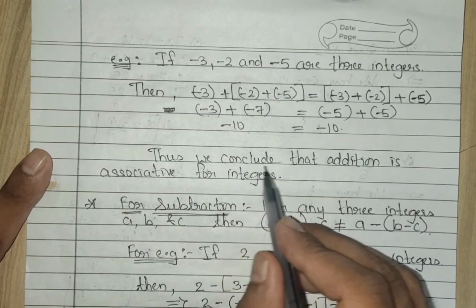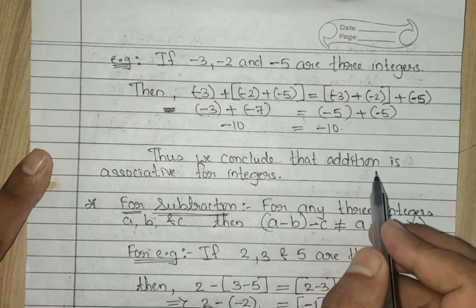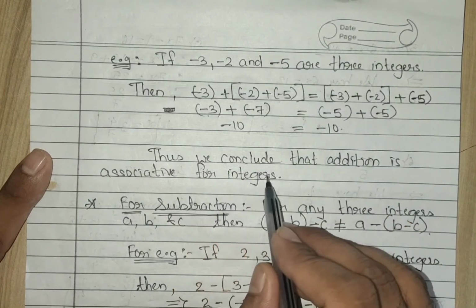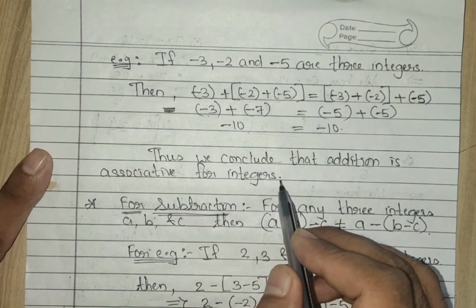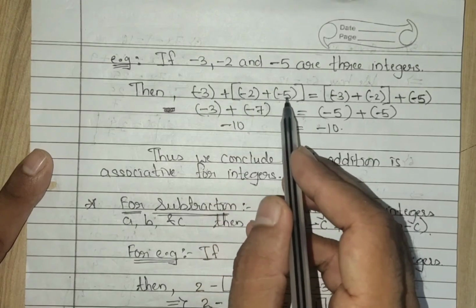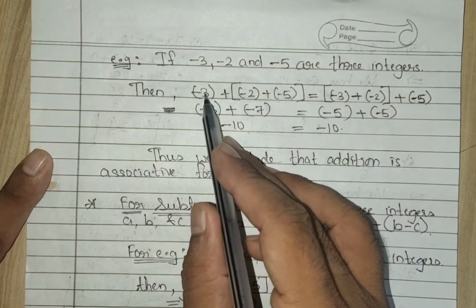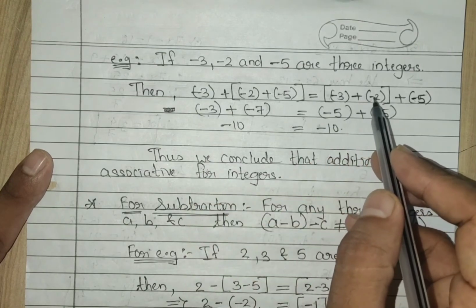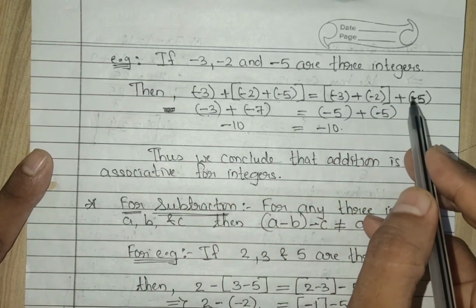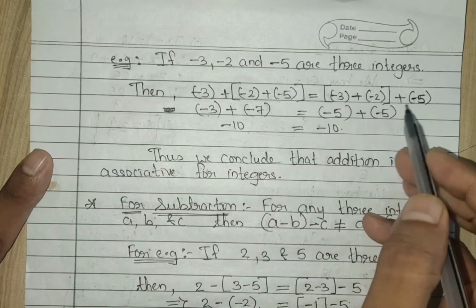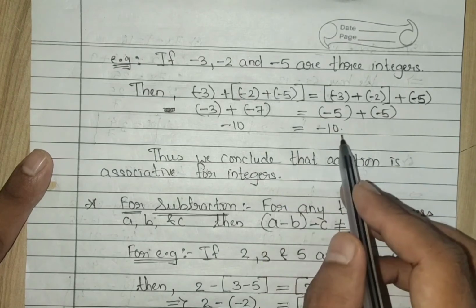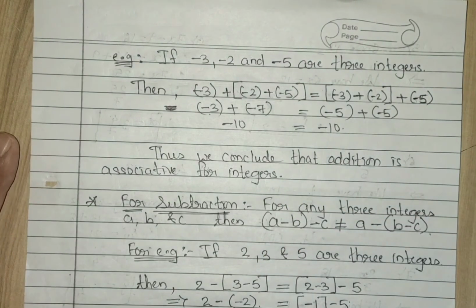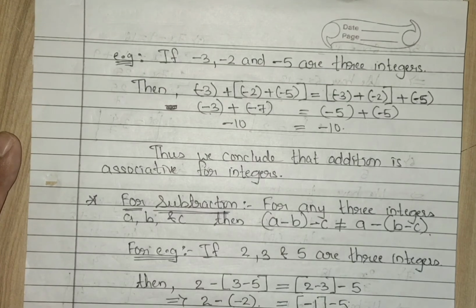Thus we can conclude that addition is associative for integers. That means we can group any numbers and add the resulting number to the previous one, or first we add two grouped numbers and then add the resulting number to the third number, we get the same result. That is known as associative property for addition.